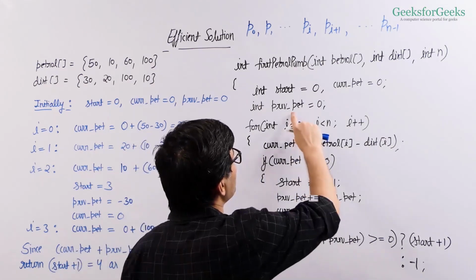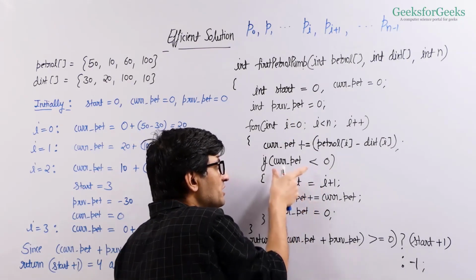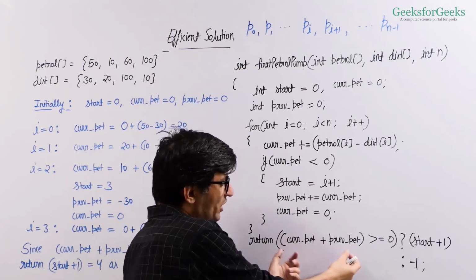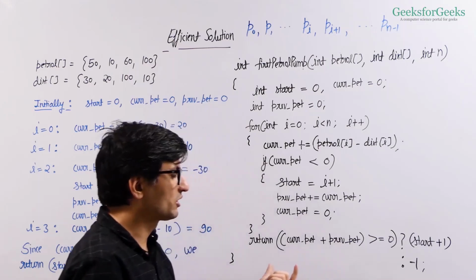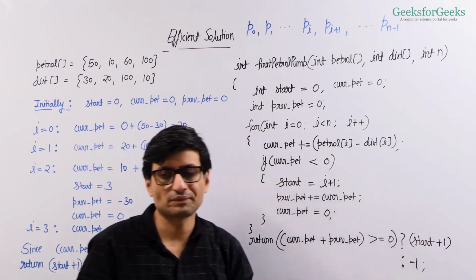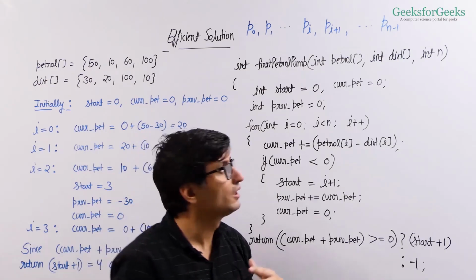We initialize the previous petrol as 0 here. We update the previous petrol when we have current petrol as negative. And at the end, we are checking if current petrol plus previous petrol is greater than or equal to 0, then only we return start plus 1.